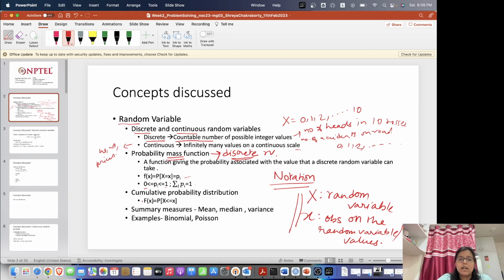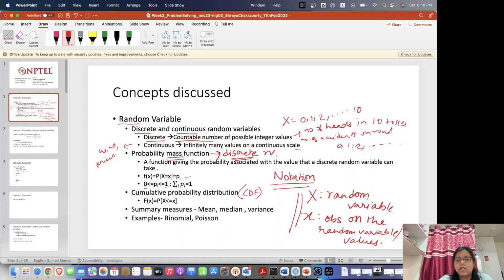Another concept discussed was the cumulative distribution function, or CDF, which is the cumulative probability that the random variable can take on any value up to the observed small x.